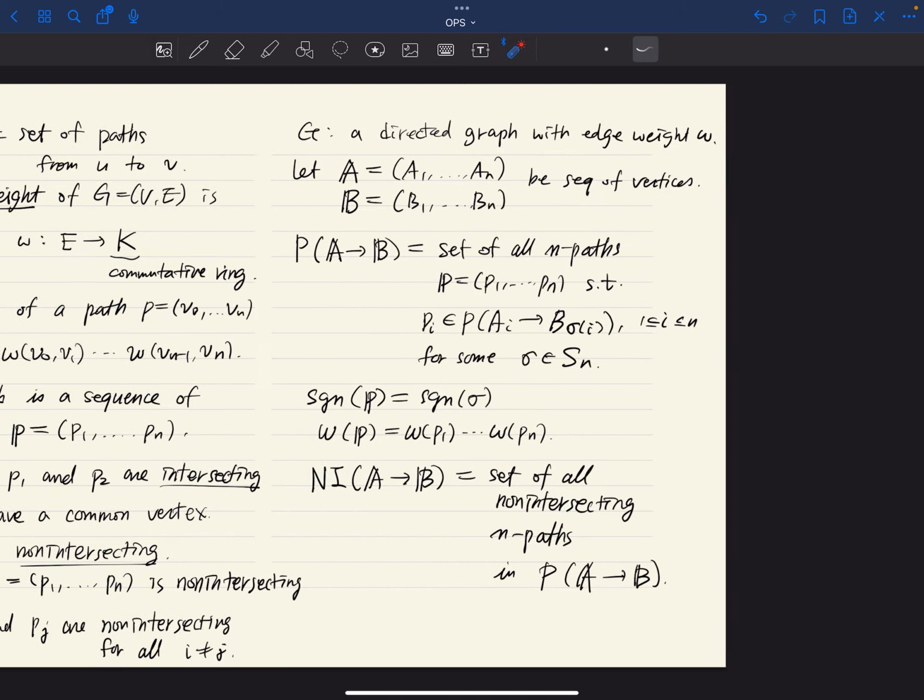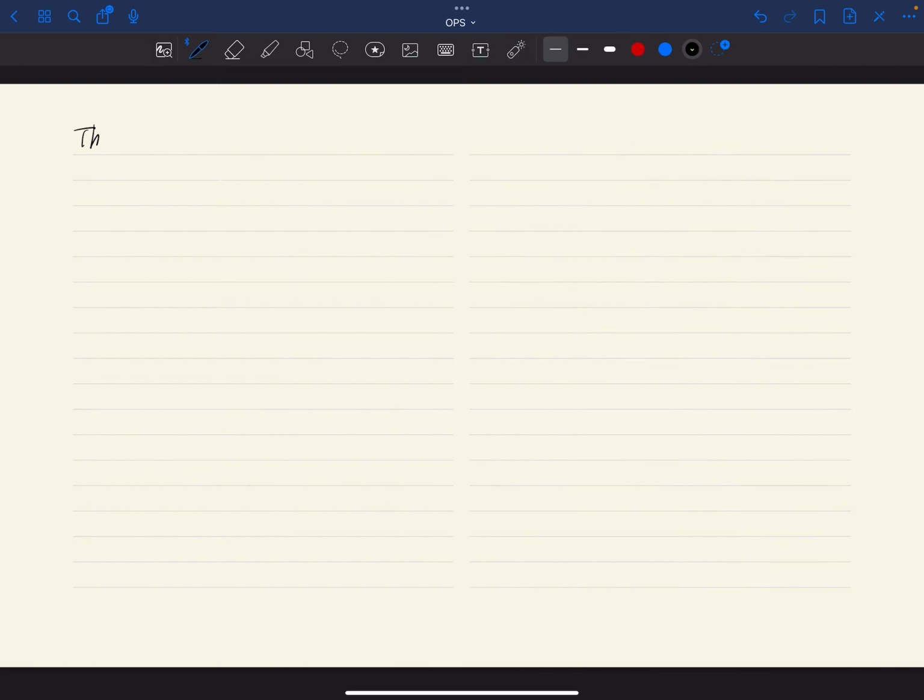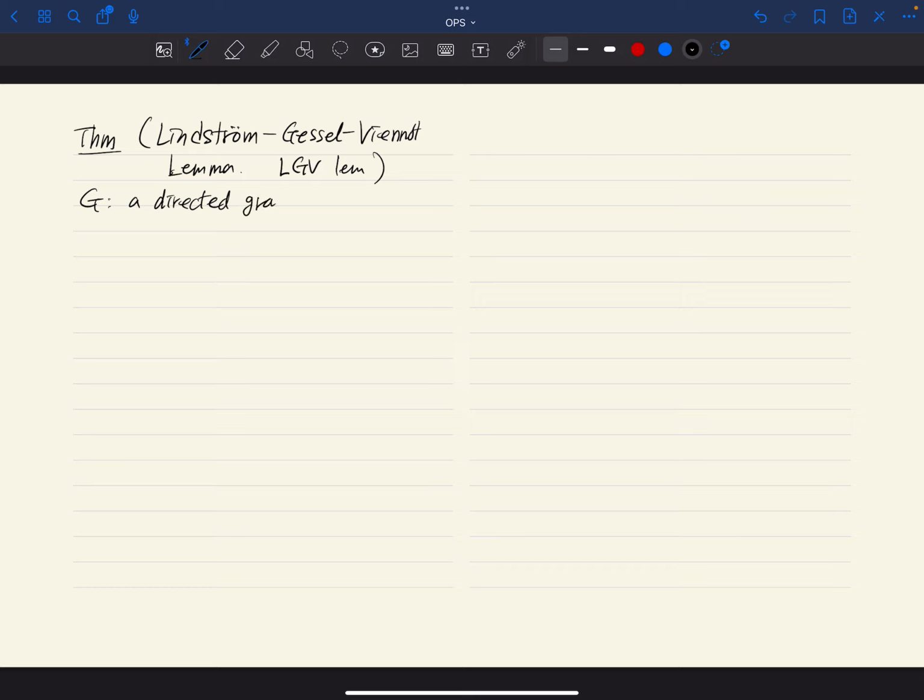Let me state the theorem. This is called the Lindstrom-Gessel-Viennot lemma, sometimes called the LGV lemma. G is a directed graph, let's say acyclic.